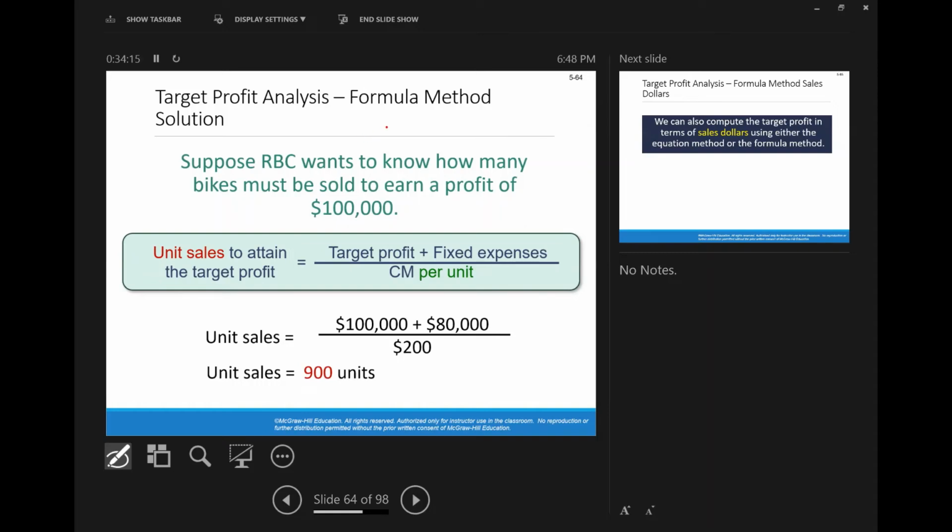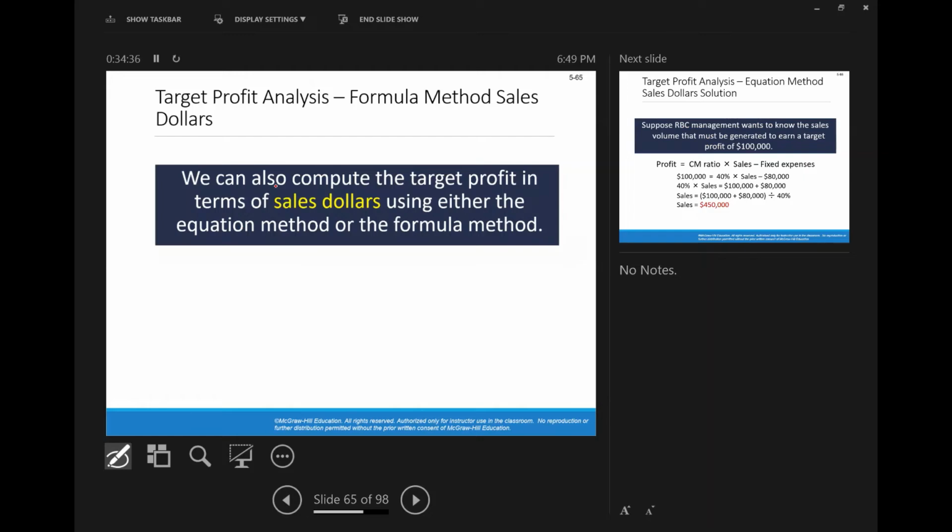We know we need to cover the 100,000, that's our target profit, plus we need to cover the 80,000. And so we have 180,000 divided by the contribution margin per unit, 200. So we get 900 units. I personally like this better, the formula. Find it a little bit easier.